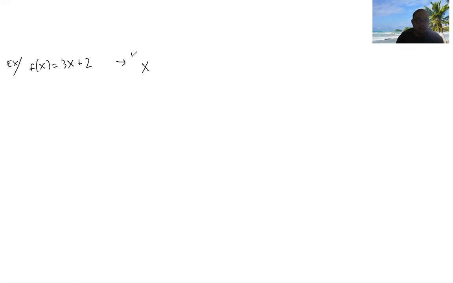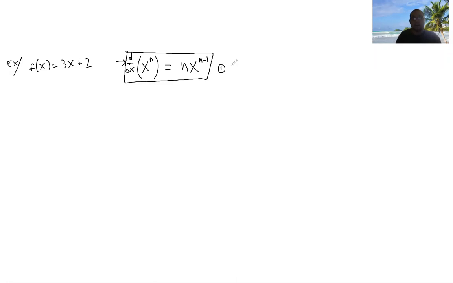And we said that the shortcut is if we're taking the derivative with respect to x, right, of x to the n, that's going to be n x, exponent minus 1, right? And our steps, remember, that the first thing you do is you're going to multiply the exponent, right?